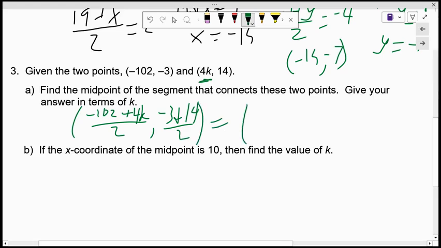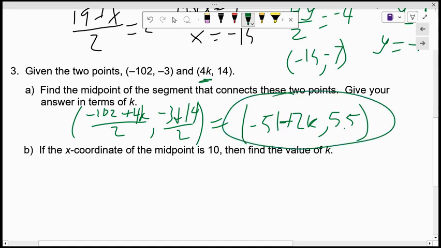And I really just need to simplify this. Both of those are divisible by 2, so -51 plus 2k, comma, and then that one, well, you get 11 over 2, which is 5.5. And our answer is in terms of k, so there's our answer.